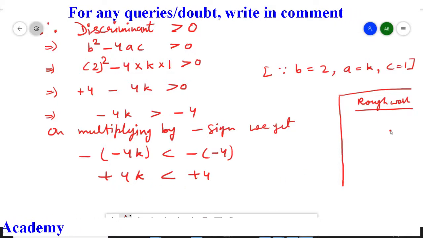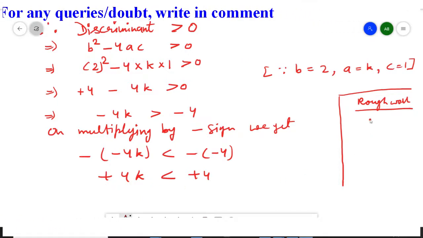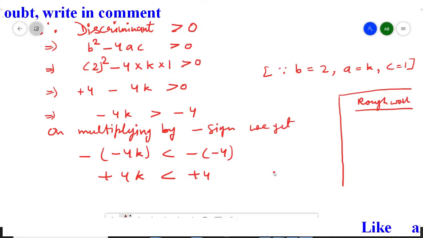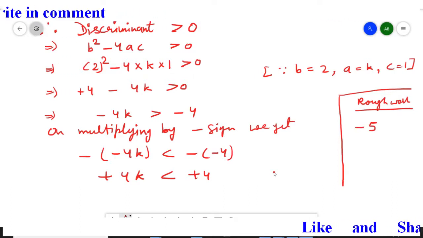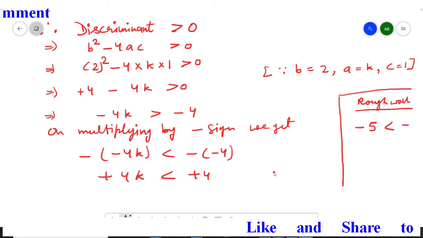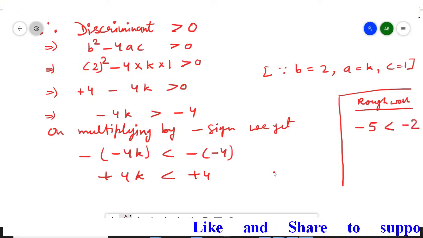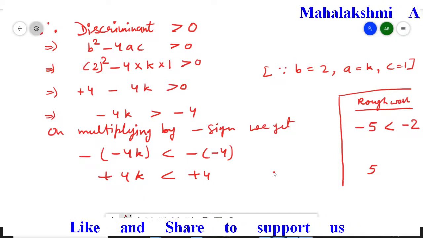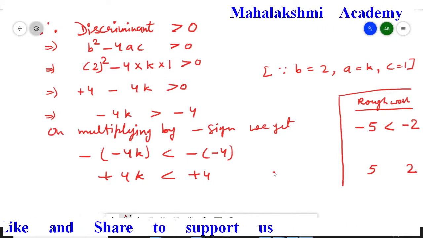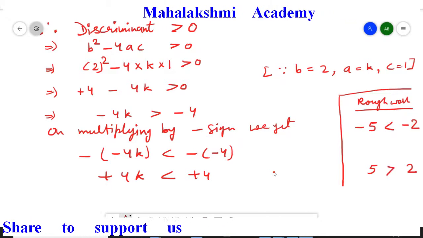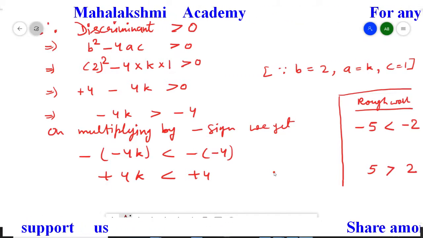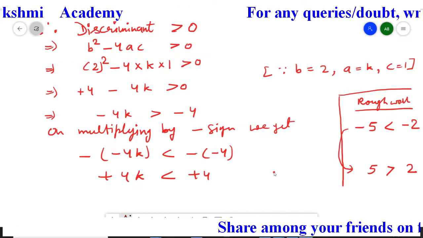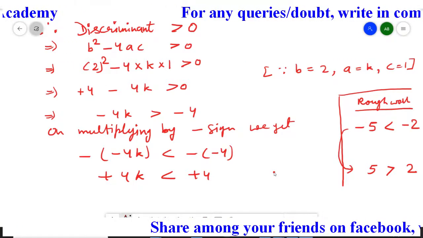Now why is it happening? I am explaining with one simple example. Suppose we know that minus 5 is less than minus 2. If somebody asks you what is the relationship between 5 and 2, your sudden answer is 5 is greater than 2. Now from this inequation, if you have to get there, you have to multiply this inequation by minus.